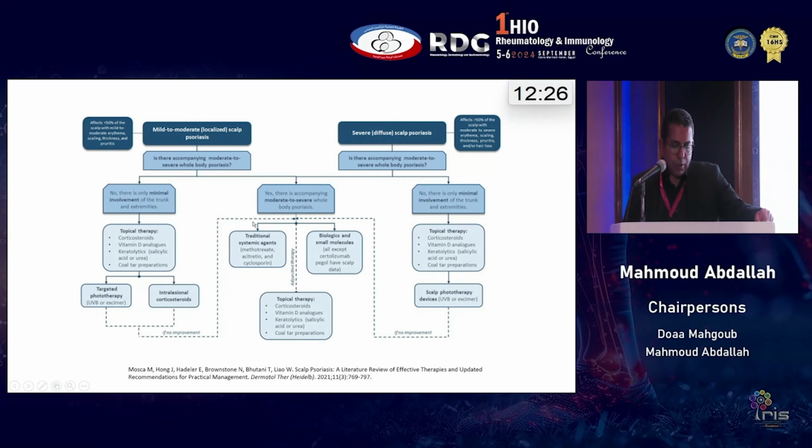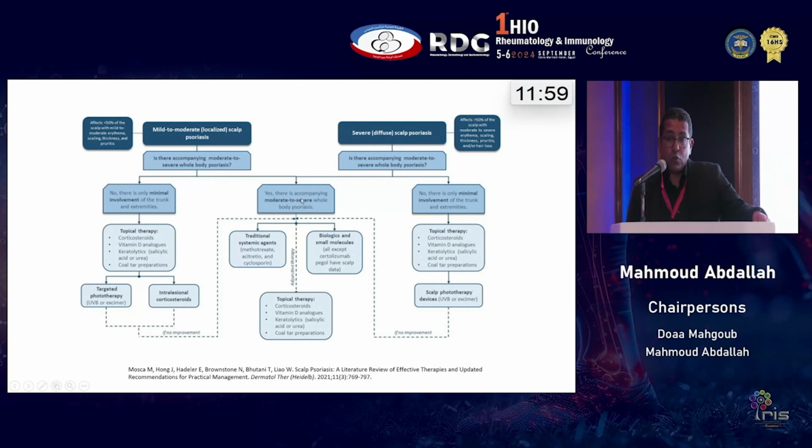This is an algorithm published in the year 2021 for treatment of scalp psoriasis. If the patient has mild to moderate or severe scalp psoriasis, we should start with topical therapy, if he doesn't have moderate to severe psoriasis in other sites.